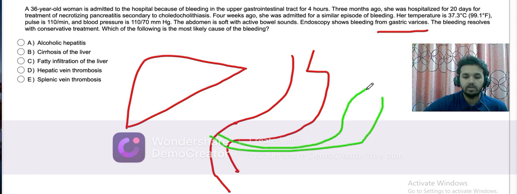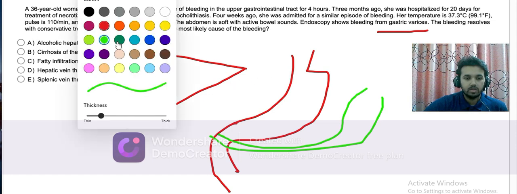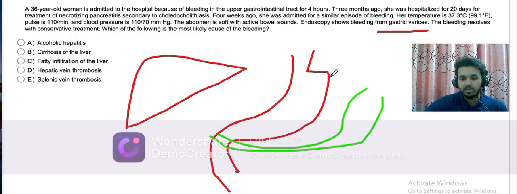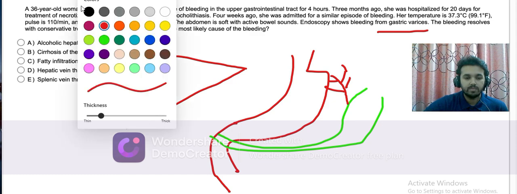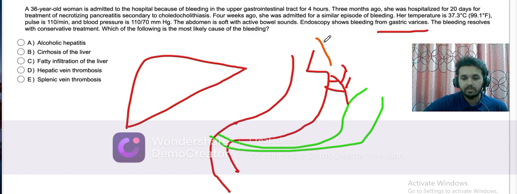From the splenic vein, the gastric vein, the small gastric vein, drains into the splenic vein. And from the upper part, the esophageal vein comes down, and there will be anastomosis with the gastric vein.